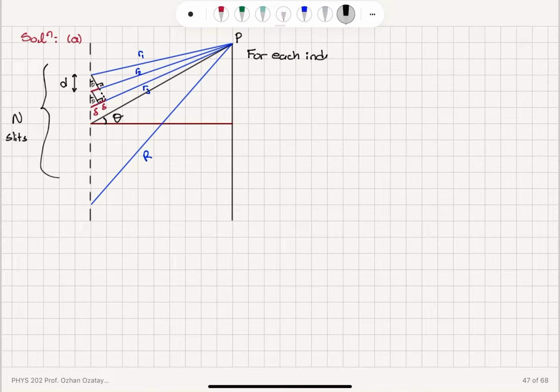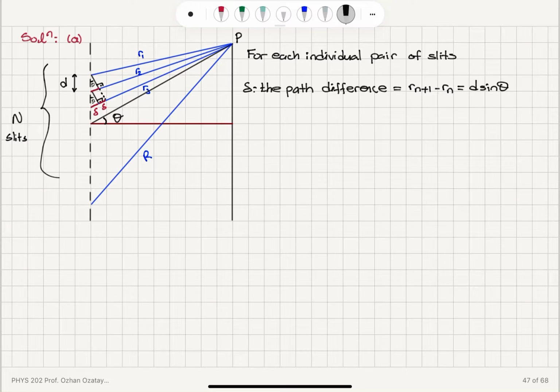So for each individual pair of slits, the path difference delta, R n plus 1 minus R n, between the n plus 1 slit and the n slit, is equal to d sine theta.